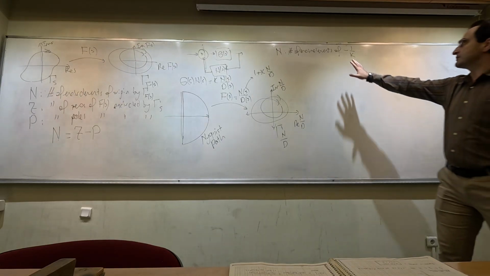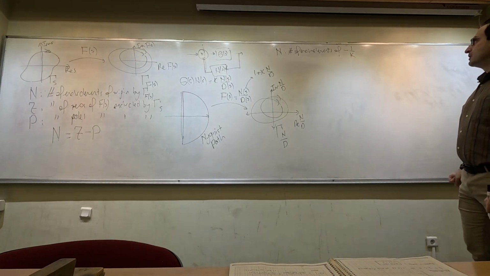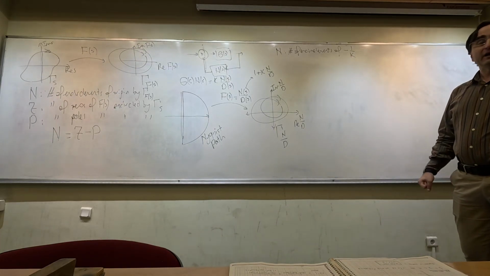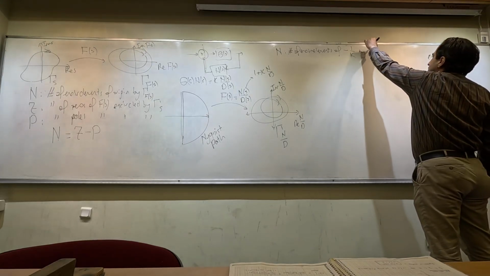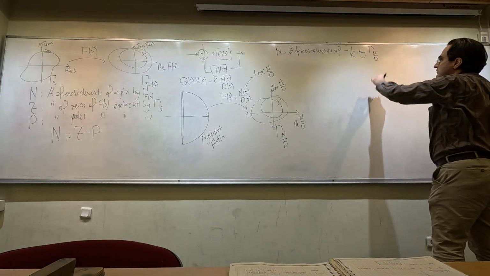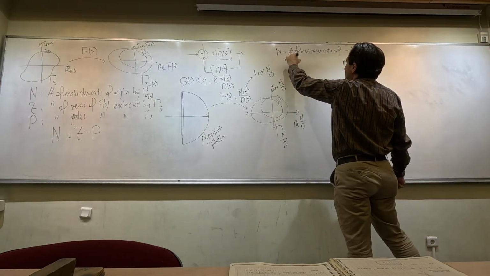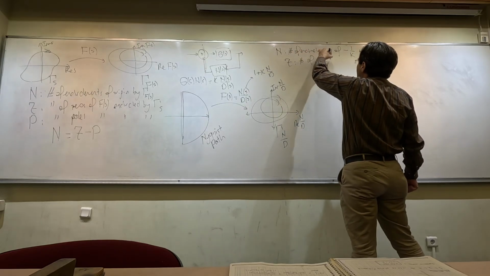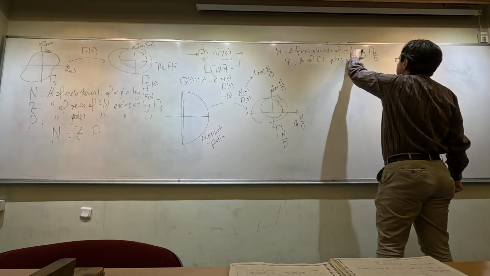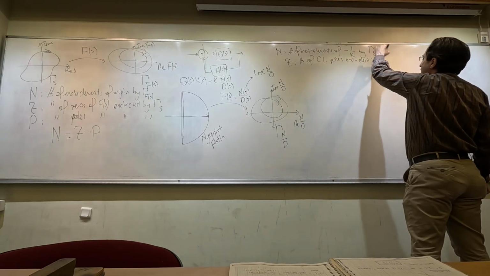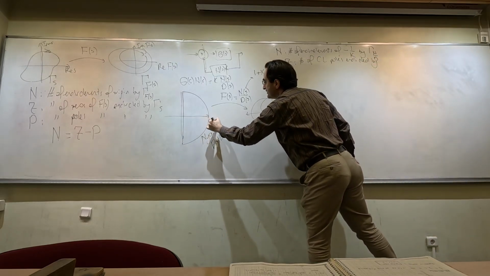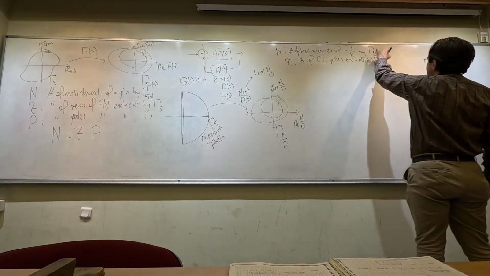And then we look at the number of encirclements of the point minus 1 over k by gamma n over d. And we define z as the number of closed loop poles encircled by gamma s.